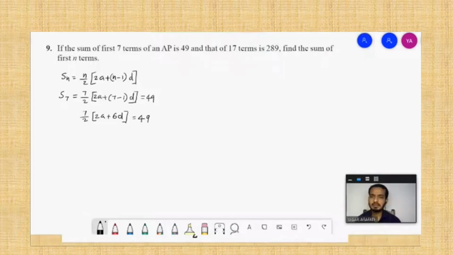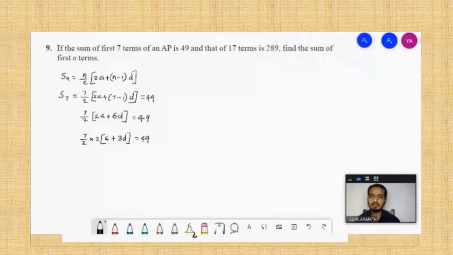In the next step, inside the bracket you can see both terms are multiples of 2, so you can take 2 common outside. So 7 by 2 into 2 outside the bracket. If you take 2 from 2a, it remains a only. Then plus, if you take 2 from 6d, it remains 3d. So it is equal to 49.